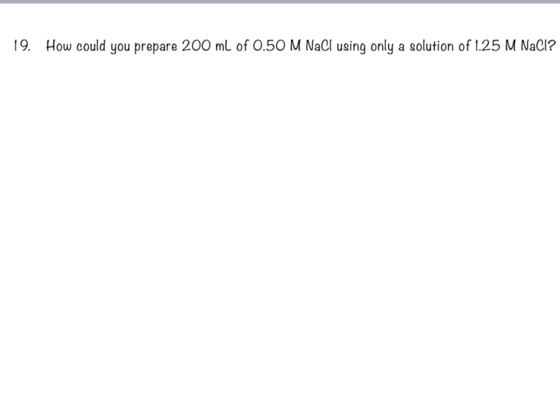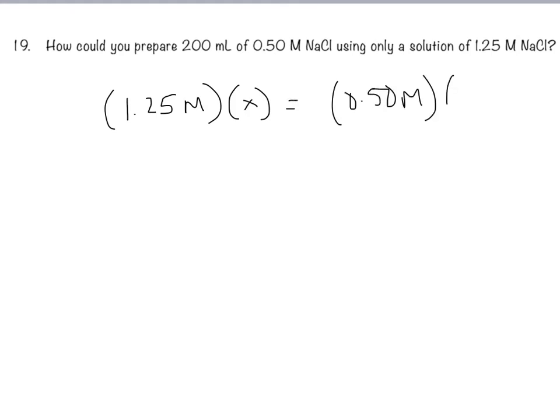Okay, now notice how this problem is worded a little differently than the last one. This is asking how I would prepare the solution, and so let's see. I'm going to go with the initial molarity 1.25 molar. And the volume I do not know, but the half molar I know goes with the 200 milliliters.